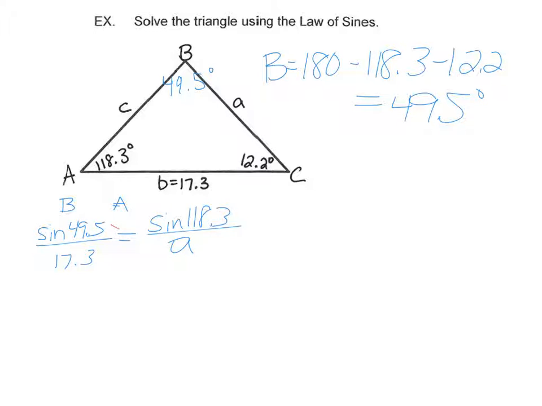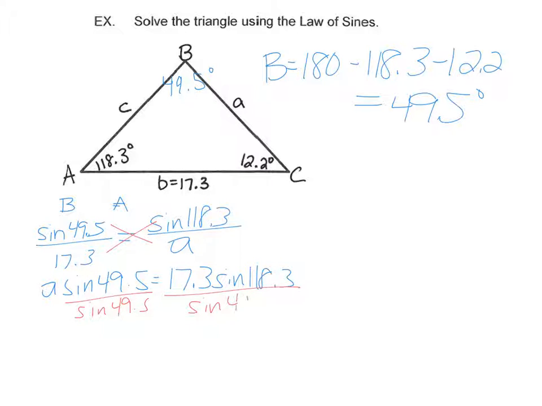Then to solve this, you cross multiply, and we have A sine 49.5 equals 17.3 sine 118.3. Divide both sides by sine of 49.5. Then all of that goes in your calculator at once. When you push sine, it gives you a parenthesis that you'll need to close. All of that in the calculator, rounded to two places, we end up with side A is 20.03.